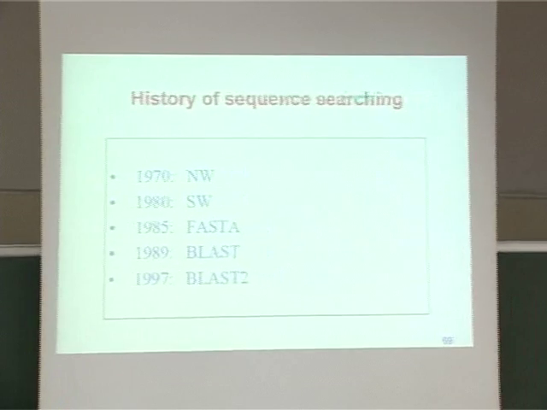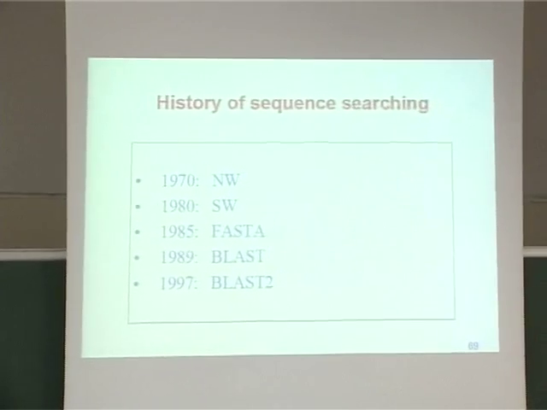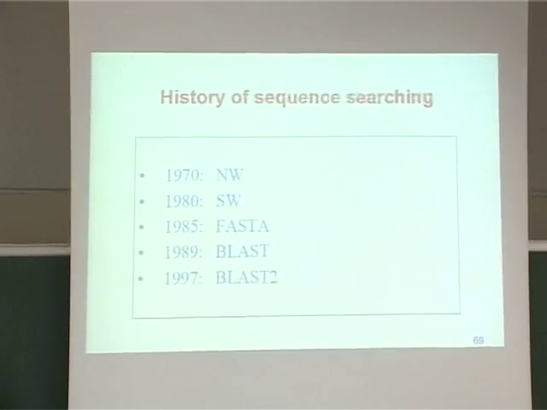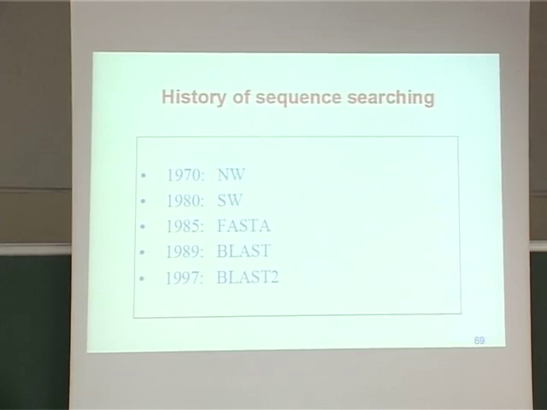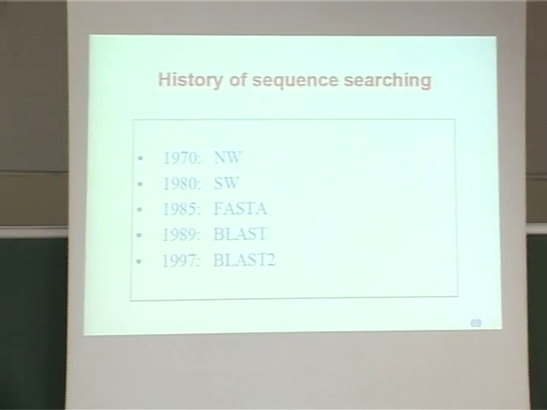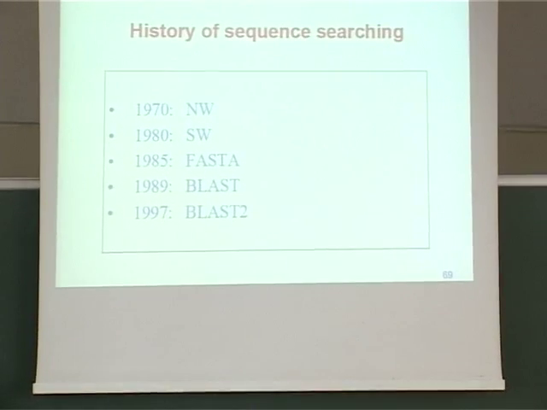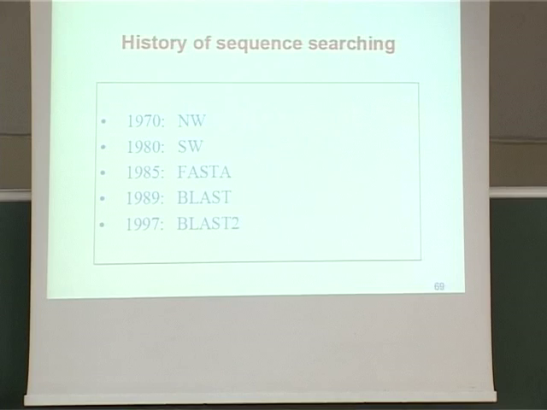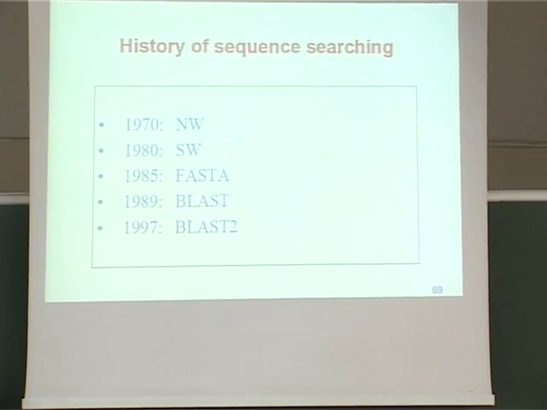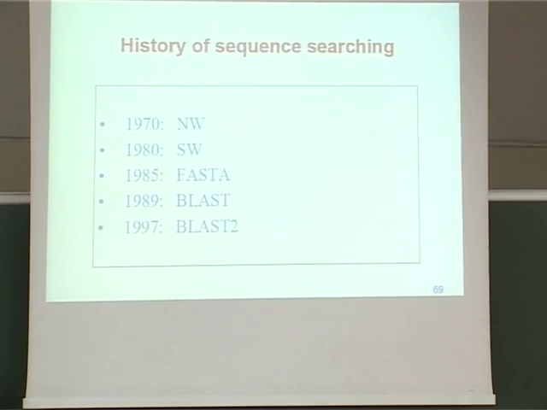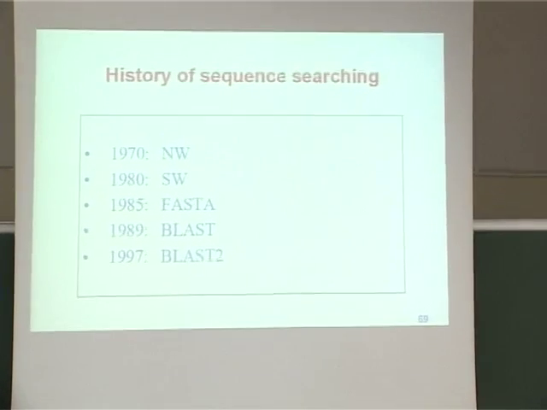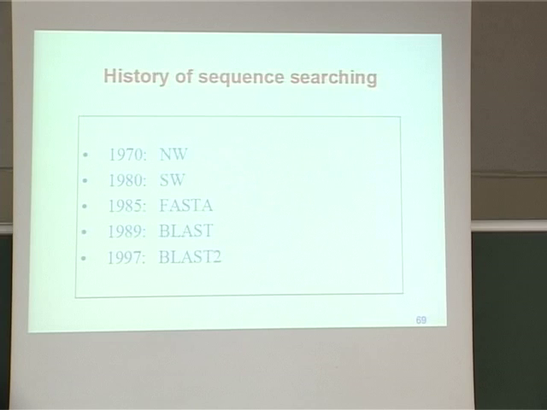It was a very simple modification to the first recurrence relation, but such simple things may not be very easy to find. So Smith-Waterman proposed this modification for local sequence alignment. In 1985, FASTA was proposed, then in 1990, the original BLAST, and BLAST 2 in 1997.